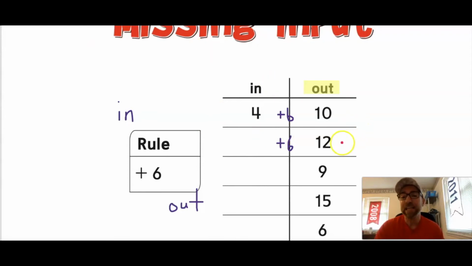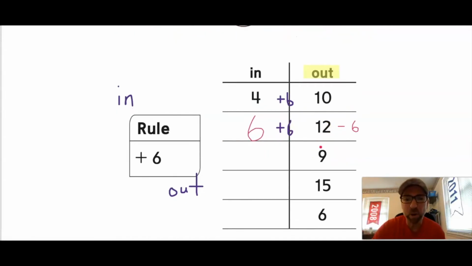So I can think to myself, 12 minus 6. And 12 minus 6 is one of our doubles. The answer is 6. Now I always check my work because that's what mathematicians do. 6 plus 6 equals 12.